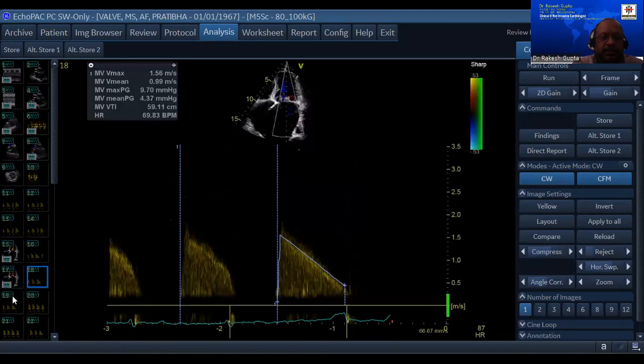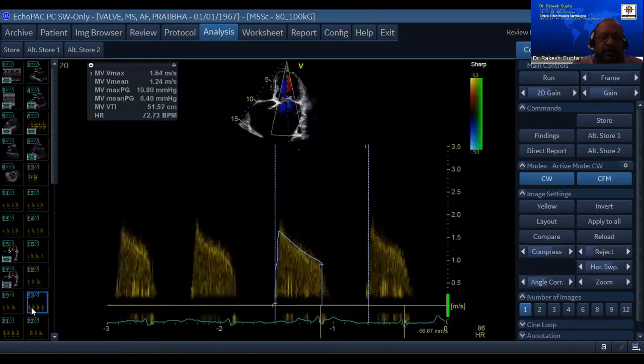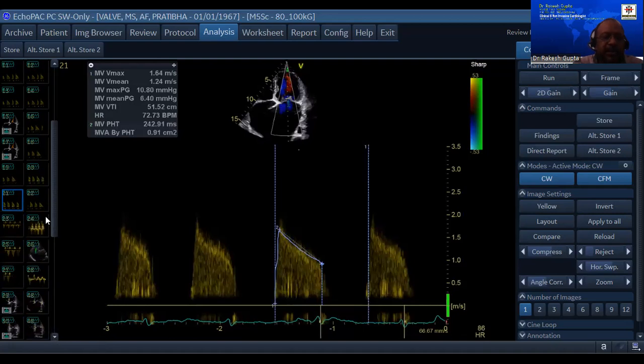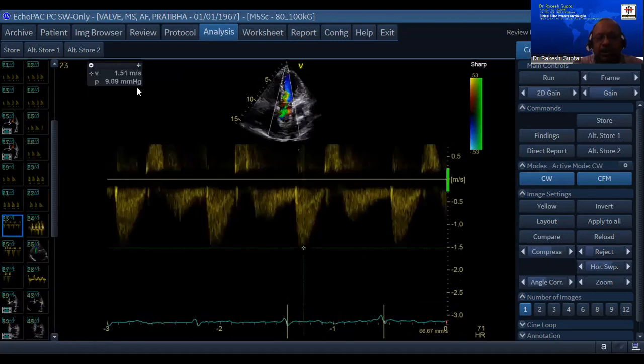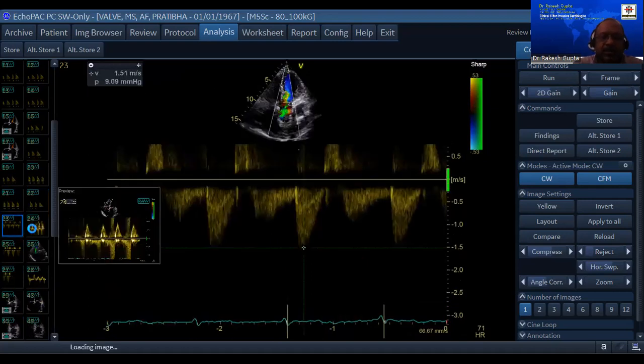This is the same, 0.98. 0.91. Now you can see whenever we are doing this in a lab, we are doing multiple values, 0.96. Now is the aortic flow velocity, just to rule out any stenosis.